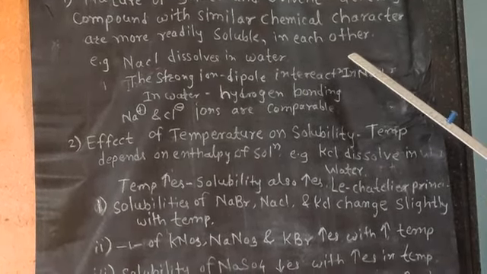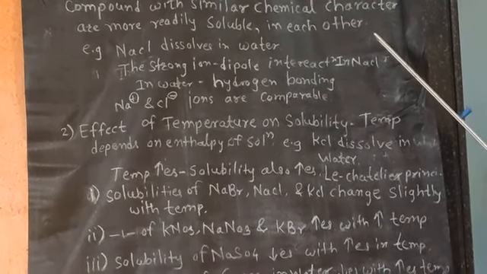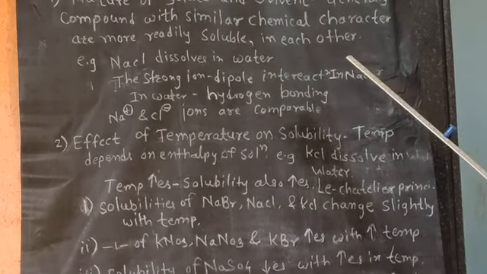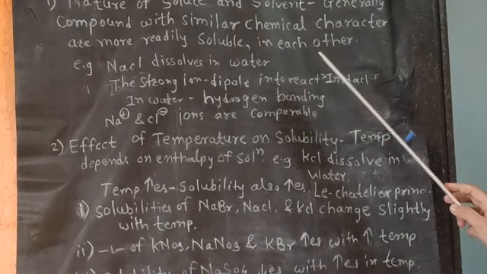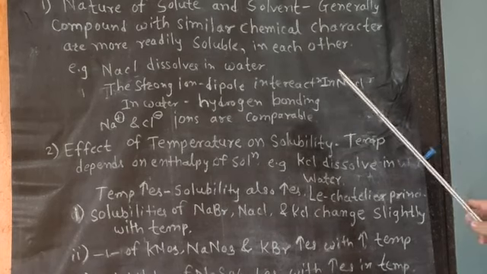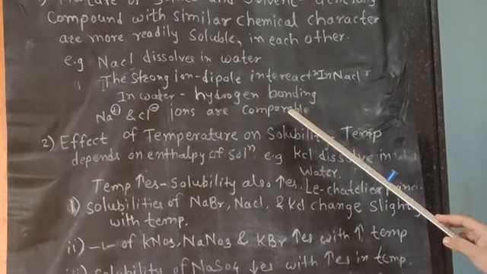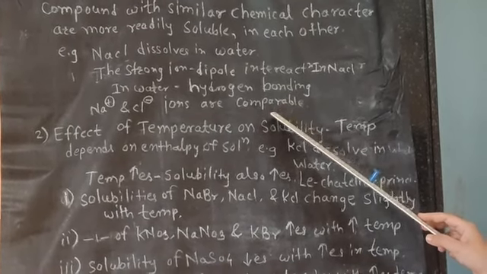Polar solutes dissolve in polar solvents, as they have equal chemical characters. Both the solute and the solvent have similar characters, and the interaction between them has similar magnitude.